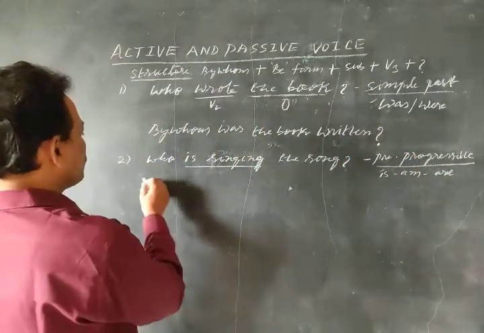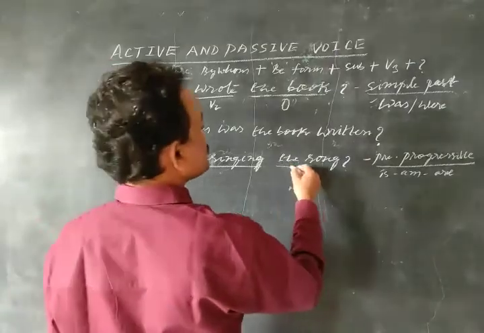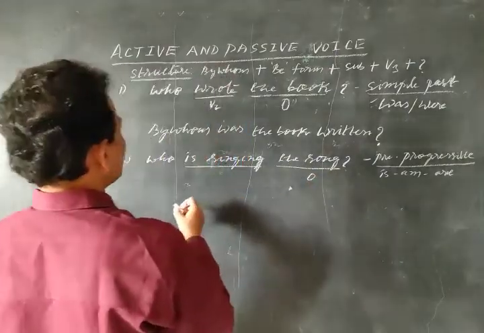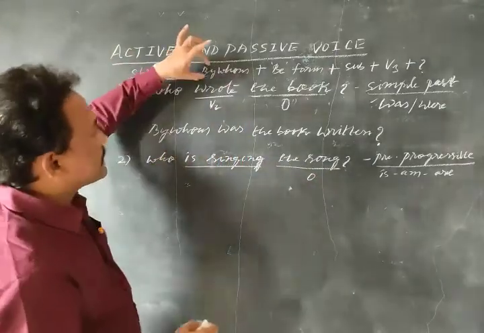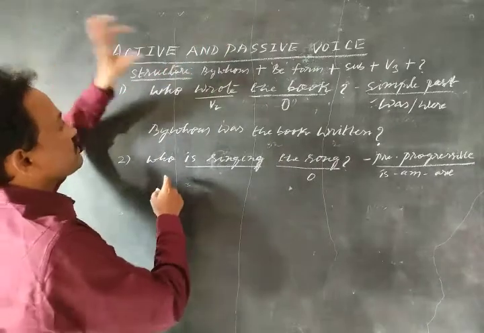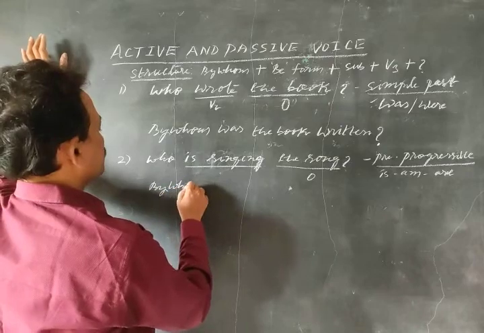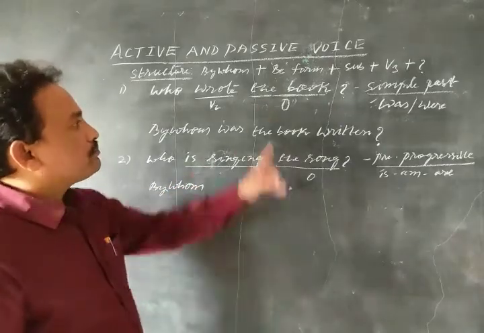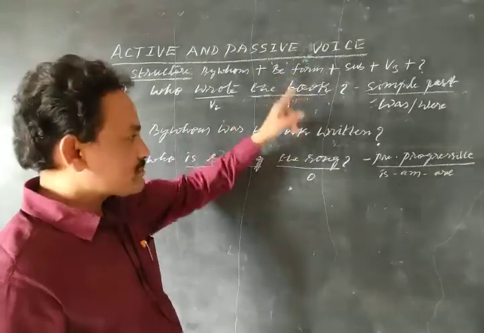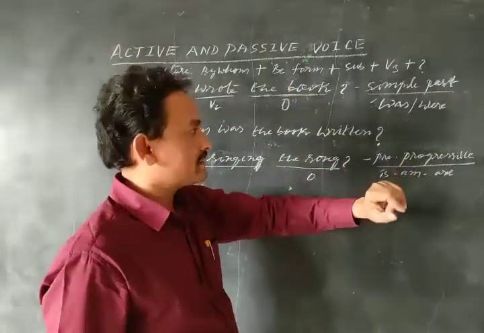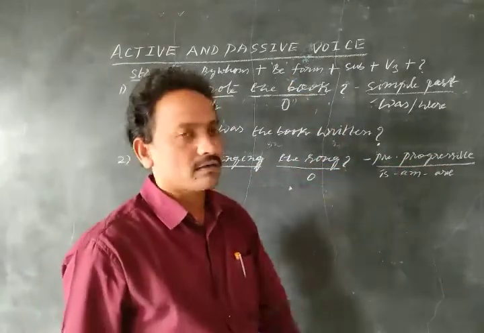See, this is by whom? This song is object. We shall go according to this structure. Begins with by whom. By whom? Okay, be form. This is present continuous, progressive. Don't forget, here be forms are is, am, are.